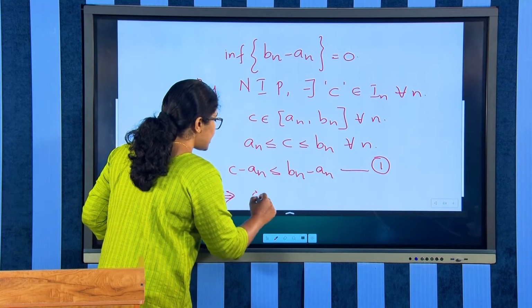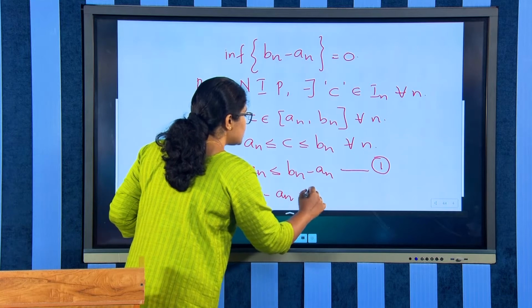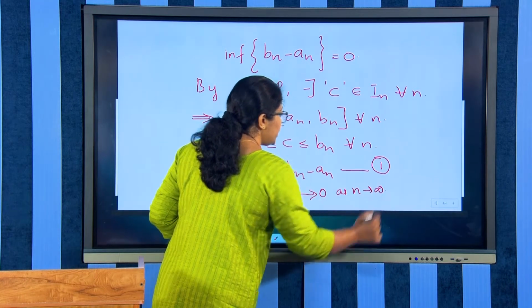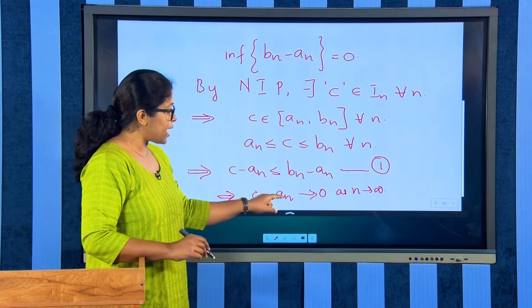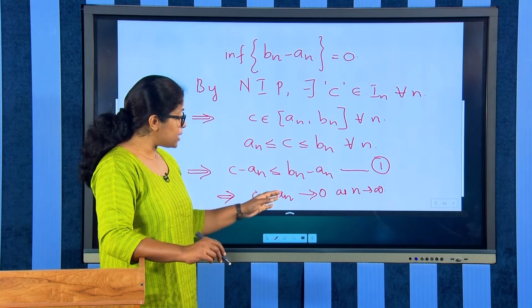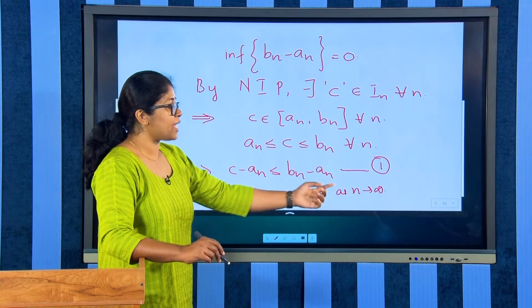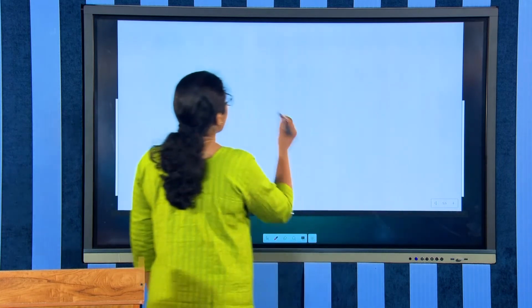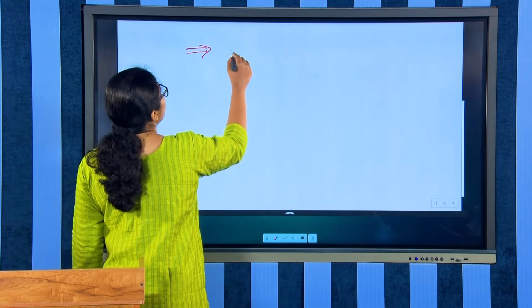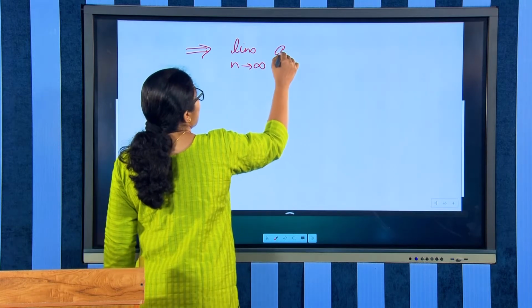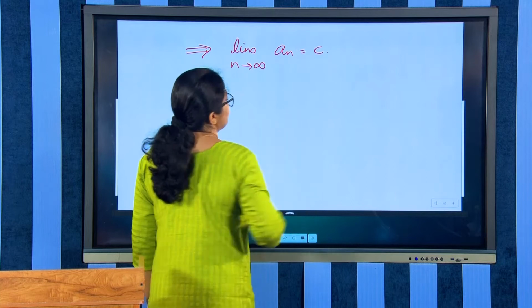So this indicates that C minus An tends to 0 as n approaches infinity, or we can say that the Ans are approaching the point C as n tends to infinity. So this implies limit as n tends to infinity of An equals C.